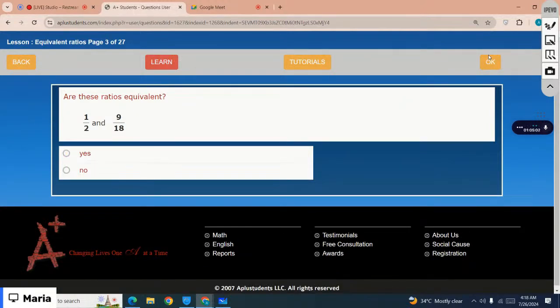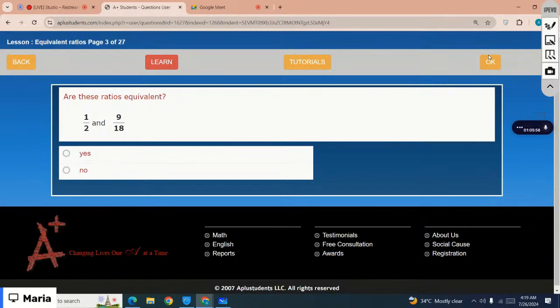Okay, are these ratios equivalent? 1 by 2 and 9 by 18. Which is the correct option? Are they equivalent?